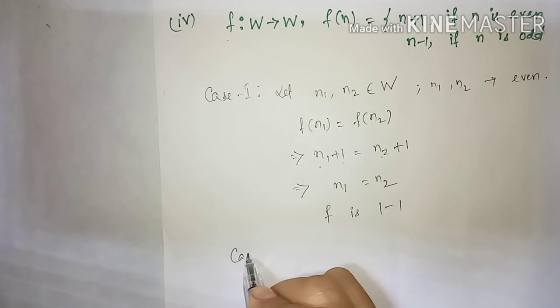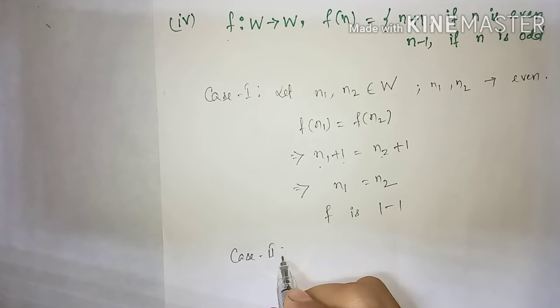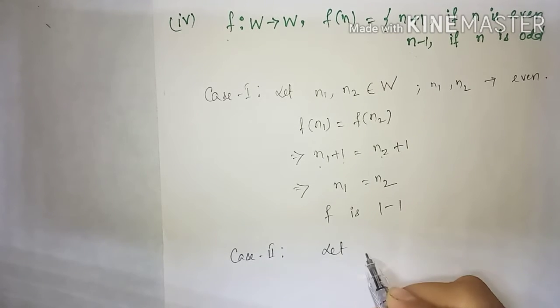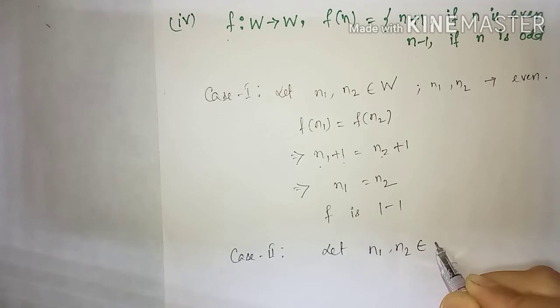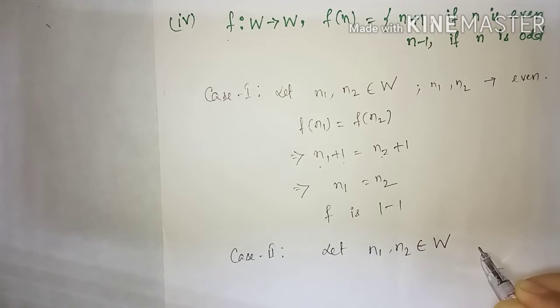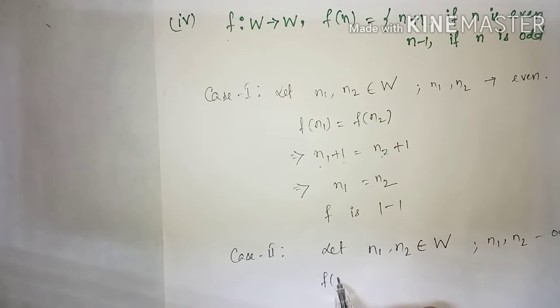Case 2, let n1 and n2 belong to the domain set W whenever these numbers are odd. Suppose f of n1 equal f of n2.